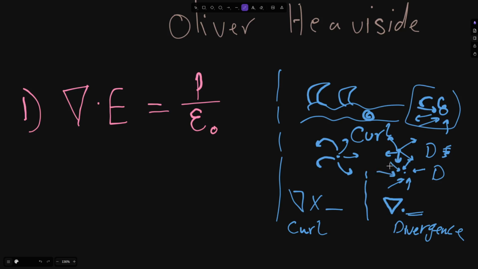If you look at a specific spot, the fluid appearing there is flowing outwards. That's positive divergence. If it's draining away, it's negative divergence.